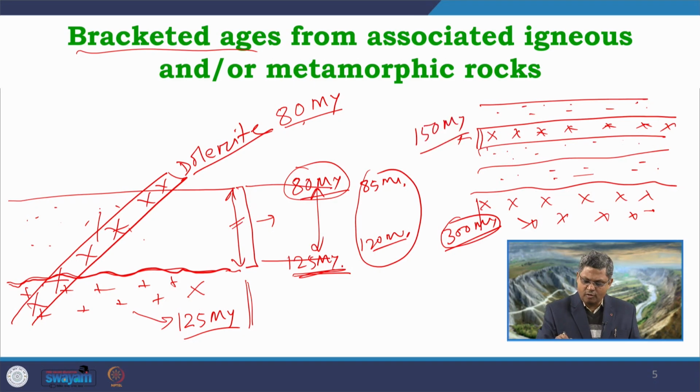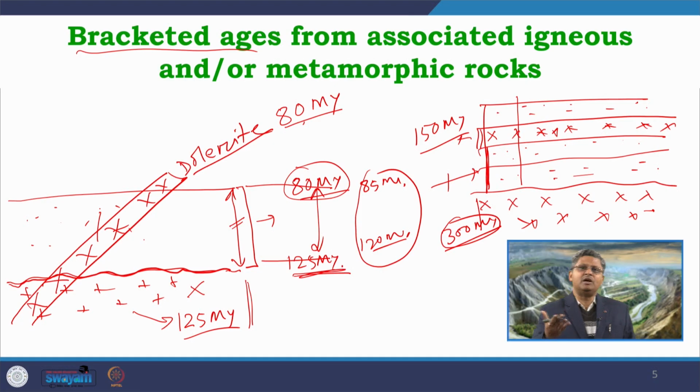So, definitely for this particular sedimentary rock unit, we can determine the bracketed age. In this case the bracketed age is calculated in terms of the age of metamorphism, which is 300 million years, which gives us the maximum possible age of the sedimentary package, and the minimum age from this sill, which gives us the minimum age as 150 million years. So, definitely this sediment package was deposited within a time range of 300 to 150 million years, maximum to minimum age.